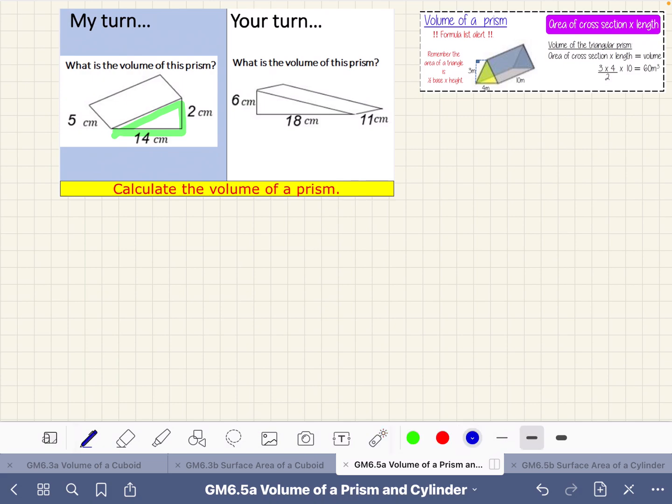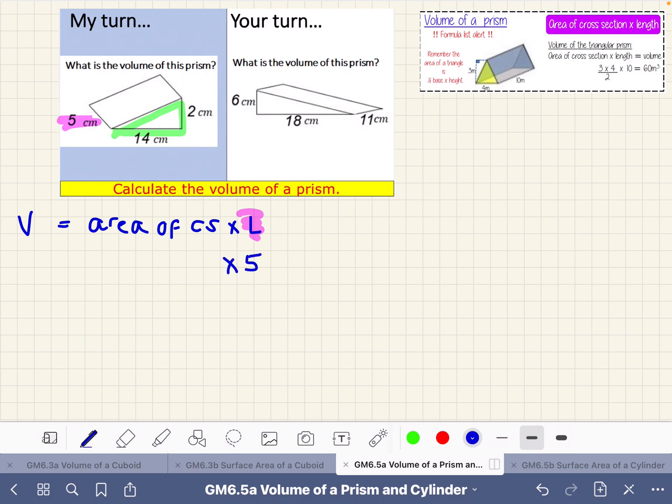So in this case, the volume would be equal to the area of the cross-section multiplied by the length. We can write down the length straight away, as that is given to us, as multiplied by 5.